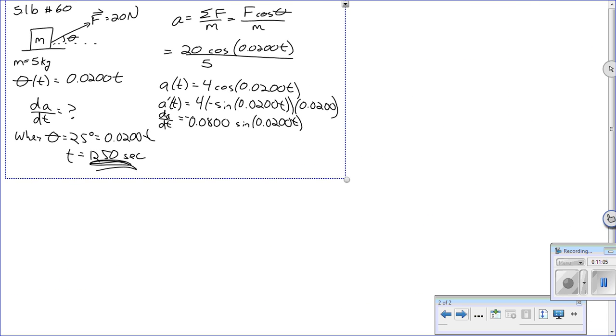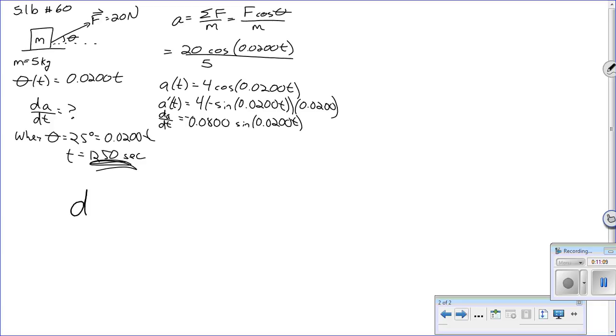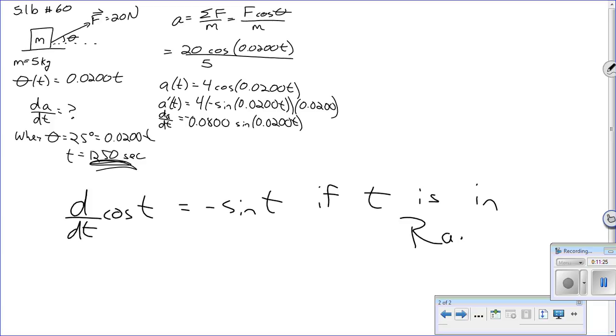All right, so here's where our problem is. The derivative with respect to t of cosine of t is negative sine of t if t is in radians. And that's something you may not have known.